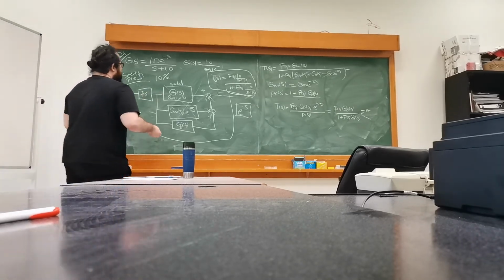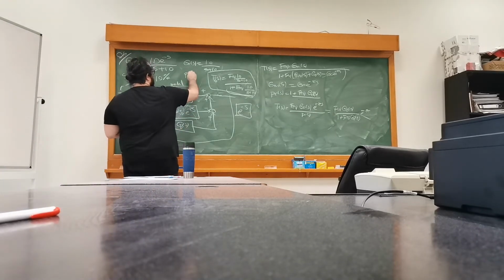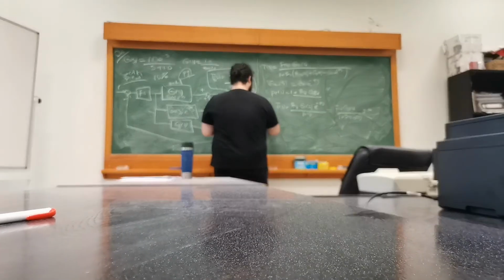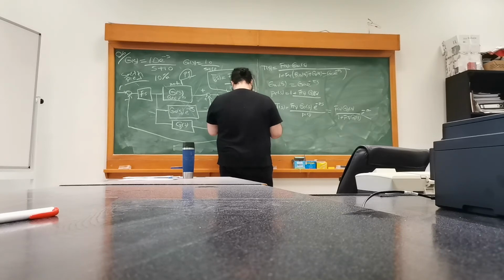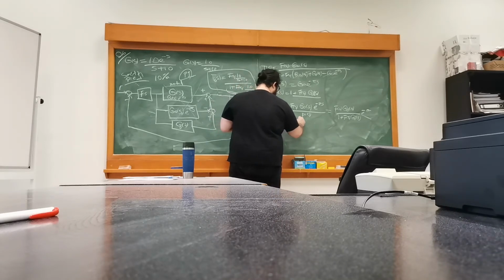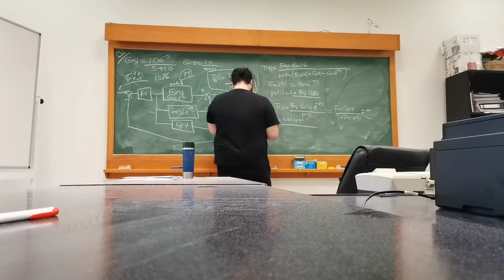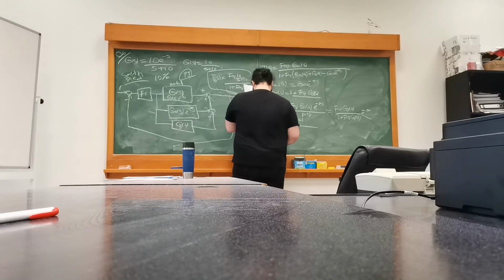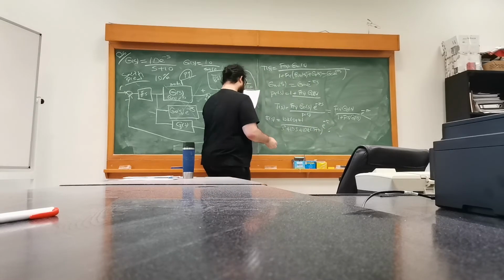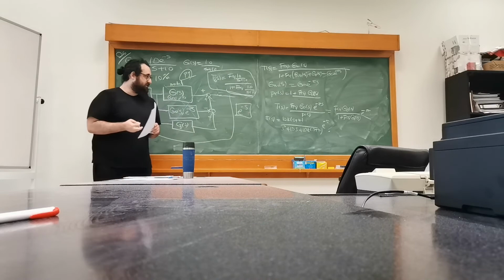If you, for example, design a PI controller that achieves this, the closed loop will look like this: (10ks plus z) divided by (s squared plus 10s plus 10ks plus z), but then I will have e^(-s).